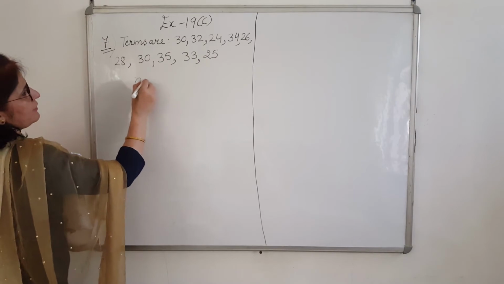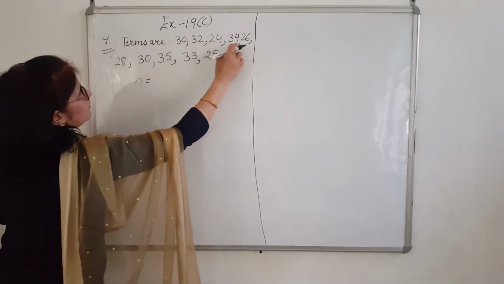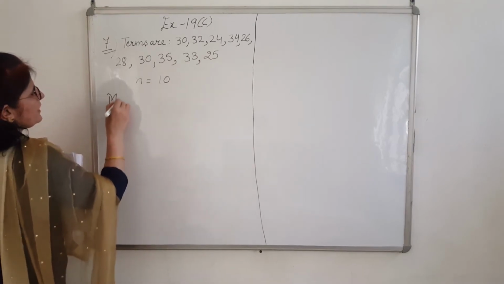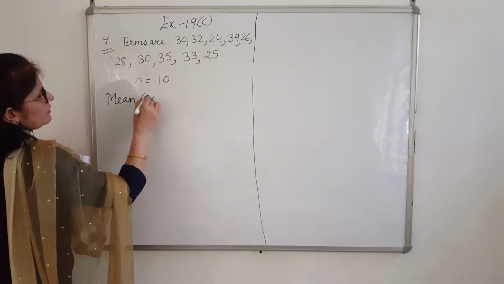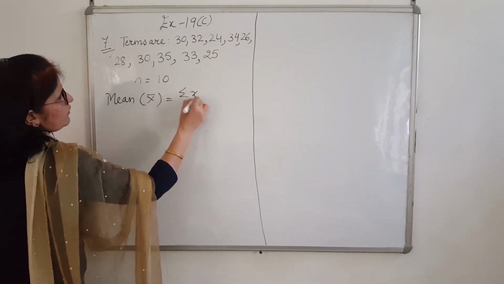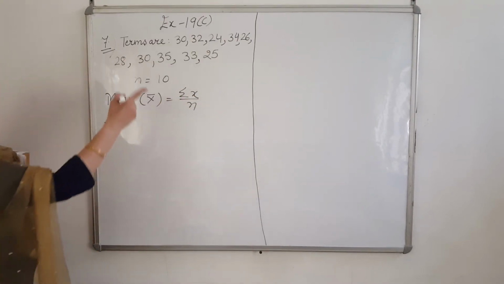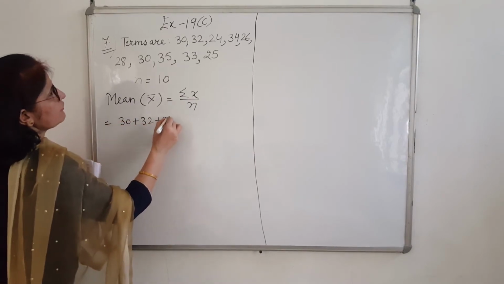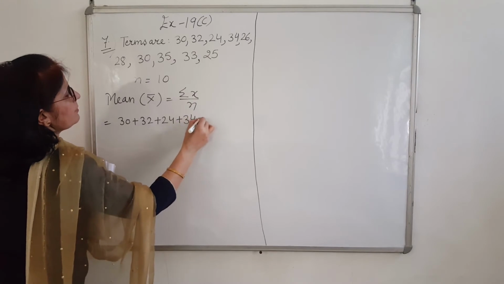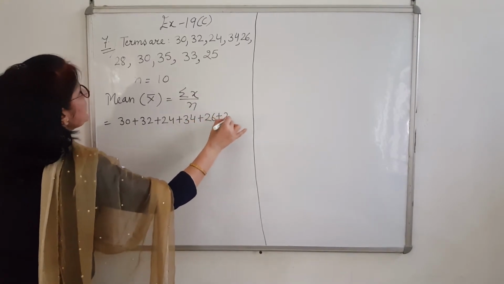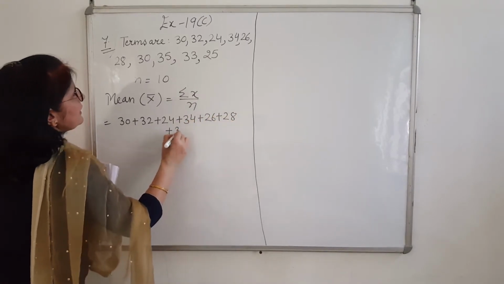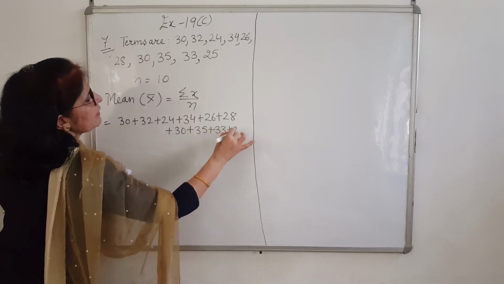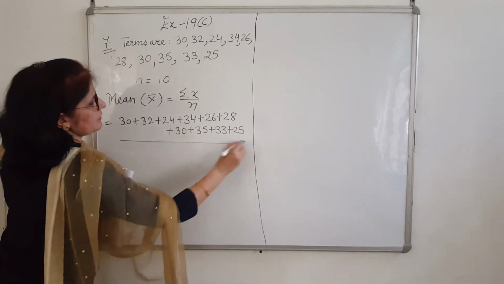So what is n here? We count 1, 2, 3, 4, 5, 6, 7, 8, 9, 10. N is 10. So mean is equal to sigma x over n, which means we add all these terms. So 30 plus 32 plus 24 plus 34 plus 26 plus 28 plus 30 plus 35 plus 33 plus 25 over 10.